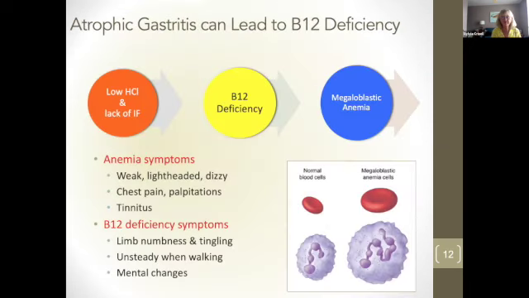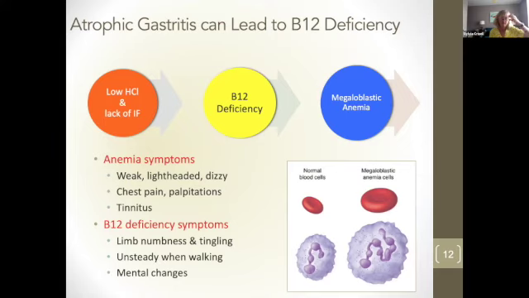Okay, so atrophic gastritis, we've talked a lot about it, can lead to vitamin B12 deficiency. This is a little bit of a repeat, but if you have low hydrochloric acid and lack of intrinsic factor, right? We said there are lots of causes for this. Gastritis, just from aging or from bad genes.